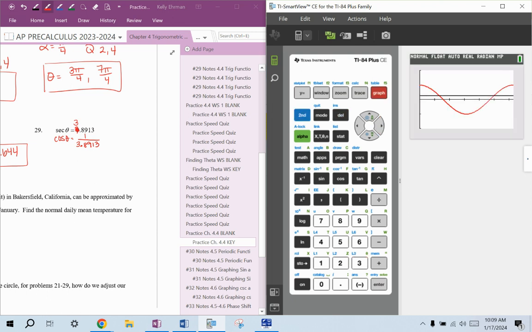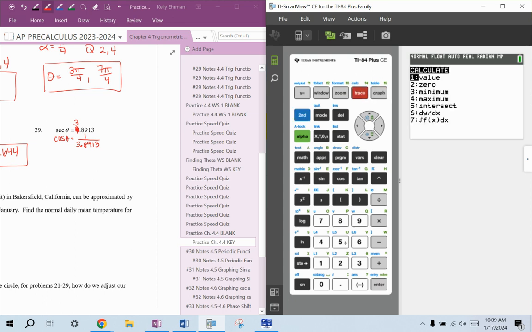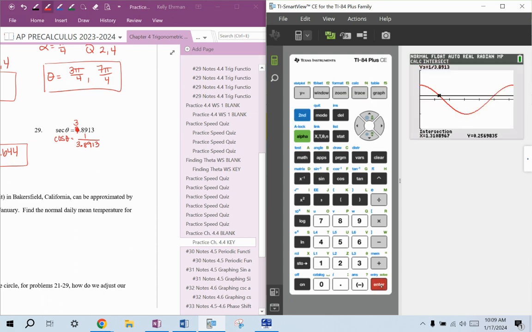There we go. So that we actually get points of intersection. So 1.311. And the other point of intersection is 4.972.